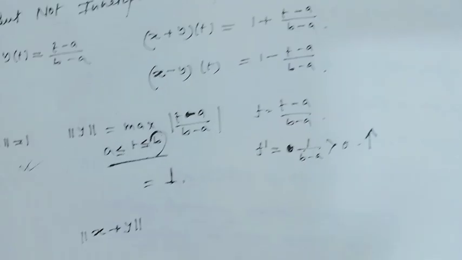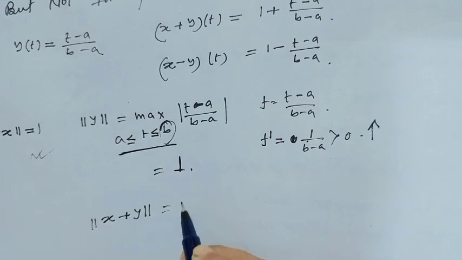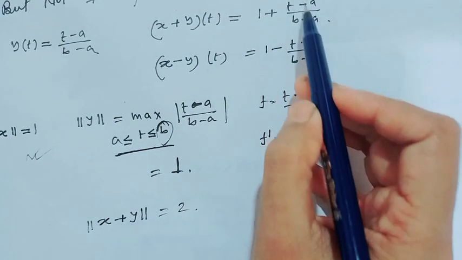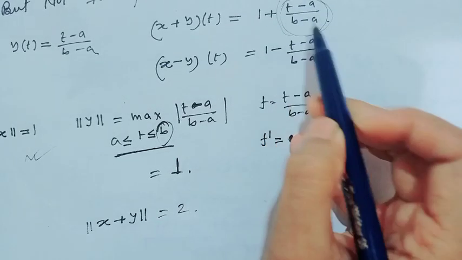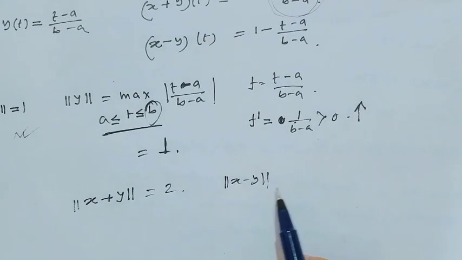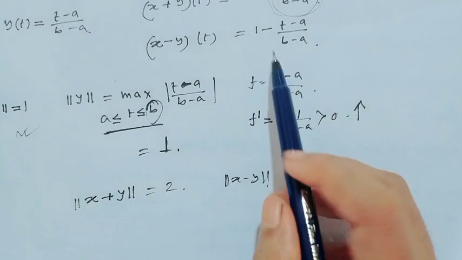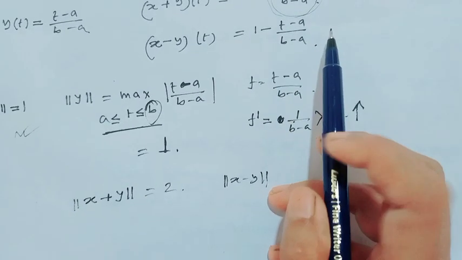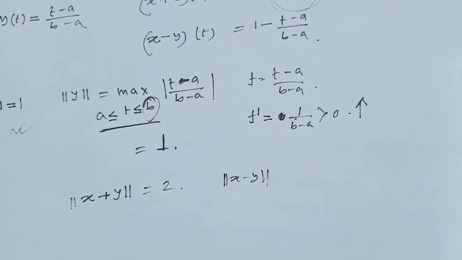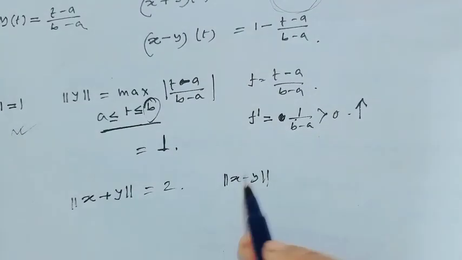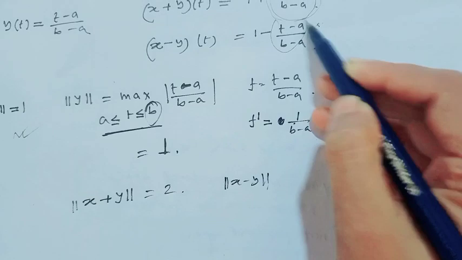And the norm of x plus y would be 2, because here we have 1 plus (t minus a) over (b minus a). In this function, the maximum value exists at the point b. The norm of x minus y would be, since here it is a subtraction, the minimum value attained at the point a, and at the point a this value would be 0.